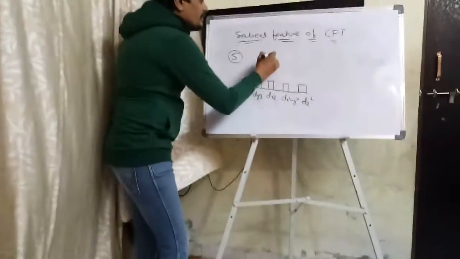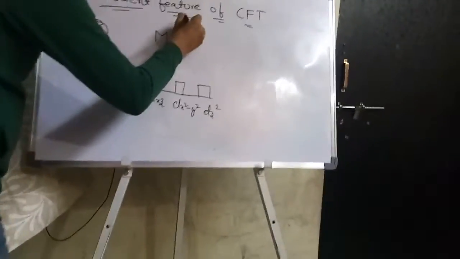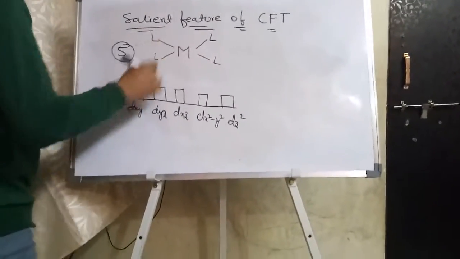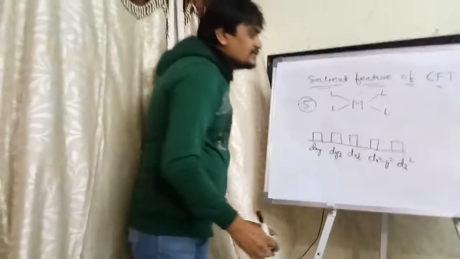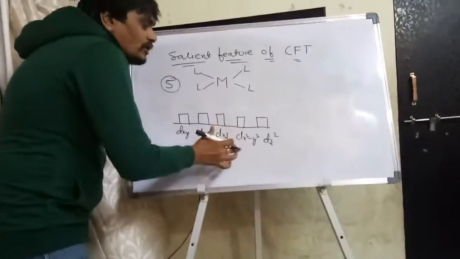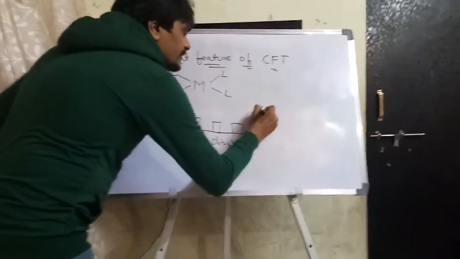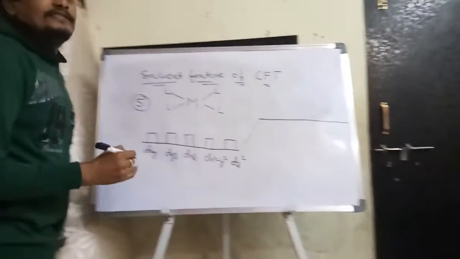But when the ligand is approaching the metal, that is, whenever the ligands are added to the metal, the degeneracy of these 5 d orbitals is removed, by which the energy of these 5 d orbitals is increased.